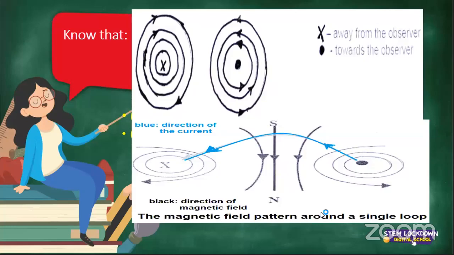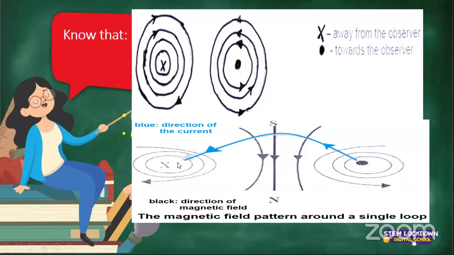Right, this is just to deal with getting the direction of the magnetic field around a wire. Now, let's say this wire is coming from the plane of paper and then up and then back into the plane of paper.